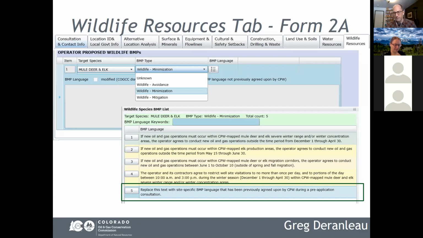So if you're out in the field working with CPW and you come up with an appropriate BMP, you can select this one and write it in there. You'll select as many target species and BMPs as necessary or previously agreed upon. Then CPW and COGCC will determine their applicability to the permit during the consultation, and they'll be included in the director's recommendation to the commission.